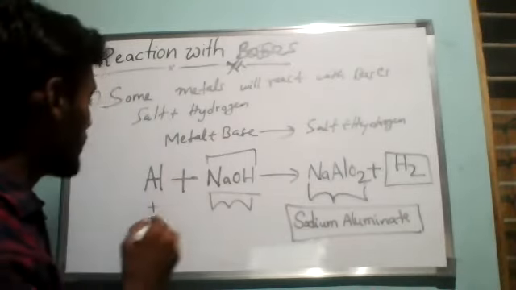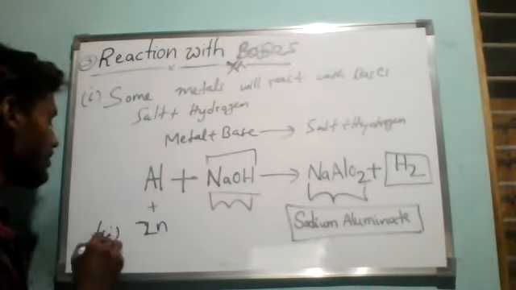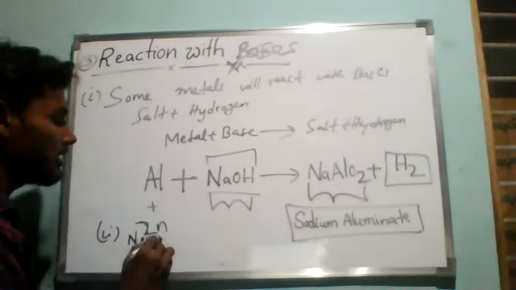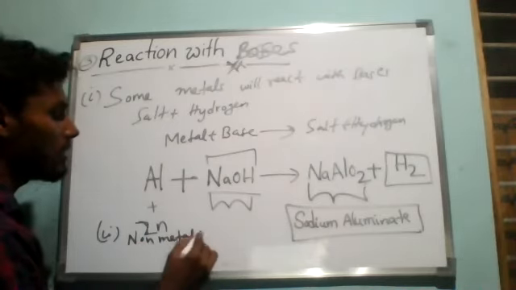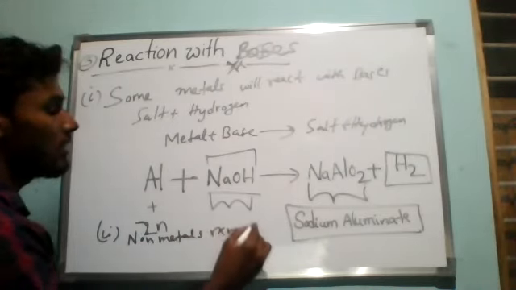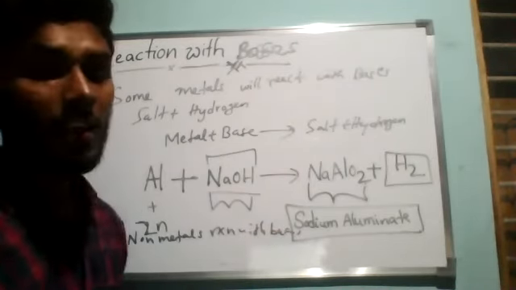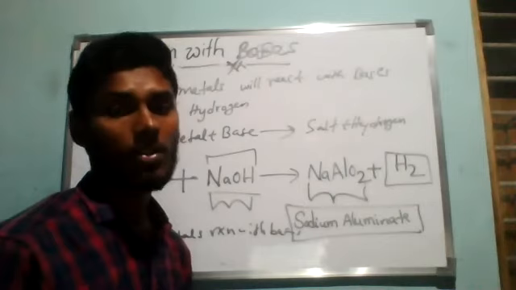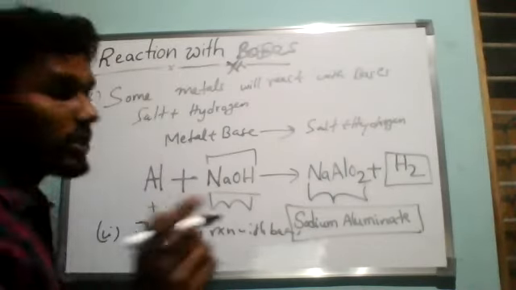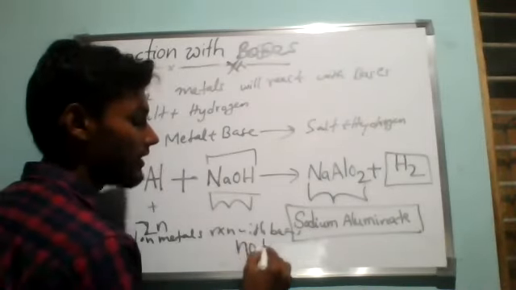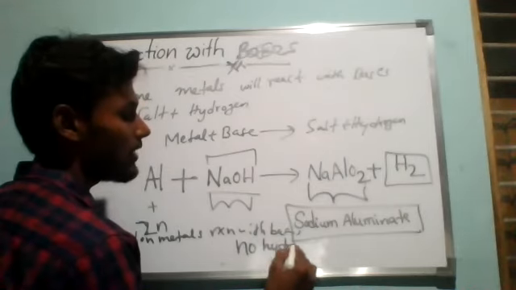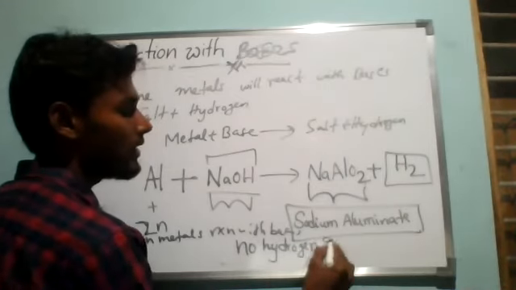The second one is non-metals reacting with bases. Non-metals react with bases like sodium hydroxide, but no hydrogen gas is produced. They will react with the bases, but they won't liberate hydrogen gas.